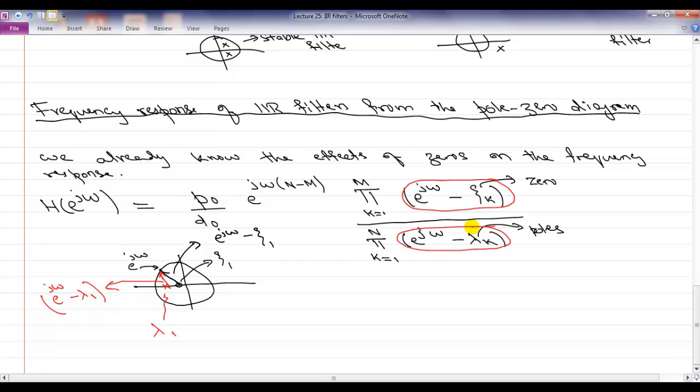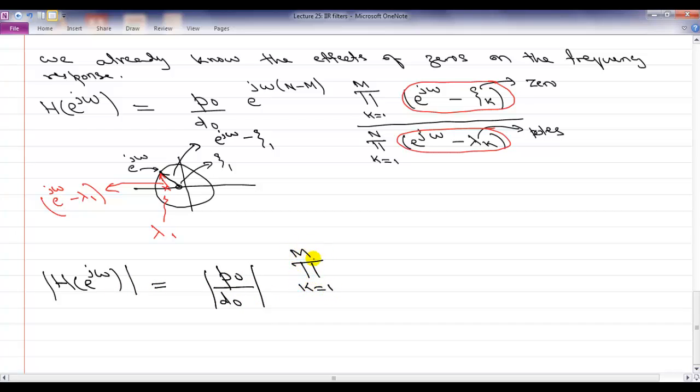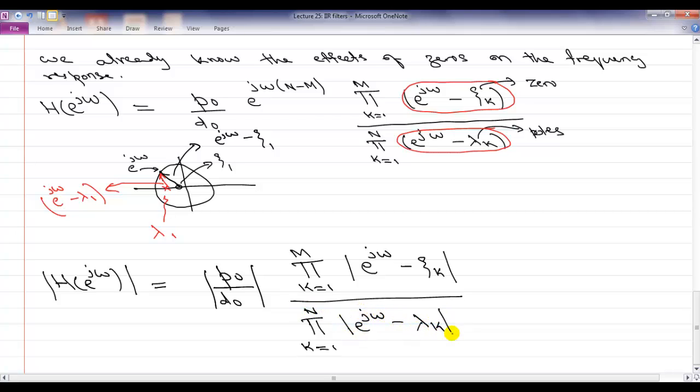Now, understanding the phase is a little difficult in this case, but I'll just give you some intuition for the magnitude response of the IIR filter in terms of the pole and zero locations. So the magnitude response is given by the absolute value of H of e to the j omega, that is the absolute value of P0 over D0, times the product k from 1 to m of the absolute value of e to the j omega minus zeta k, over the product k from 1 to n of the absolute value of e to the j omega minus lambda k.